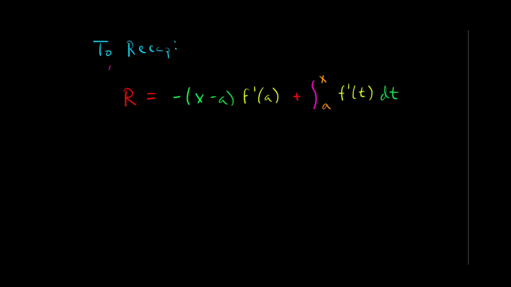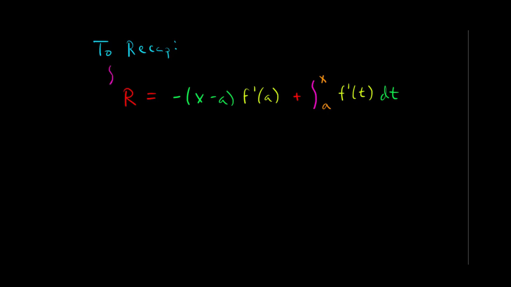So let's recap what we just did there, because that was a lot of math. We want to find an integral expression for r, which we know to be equal to negative x minus a times f prime of a plus the integral from x to a of f prime of t dt. Remember, we got this from our first order approximation.